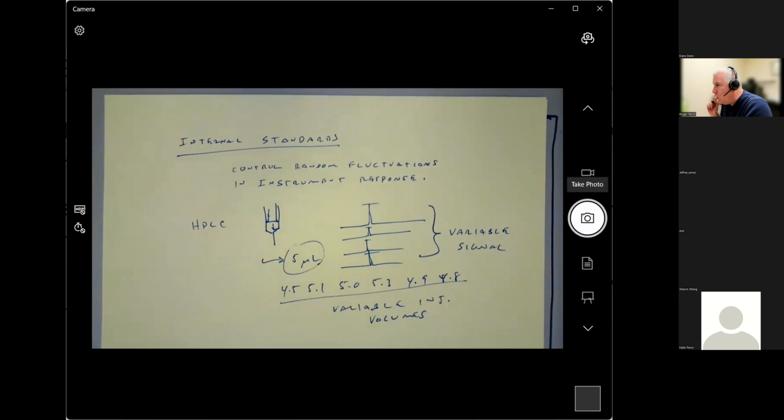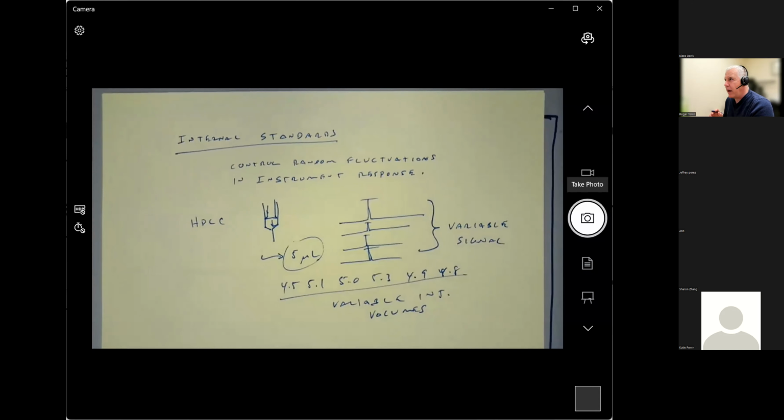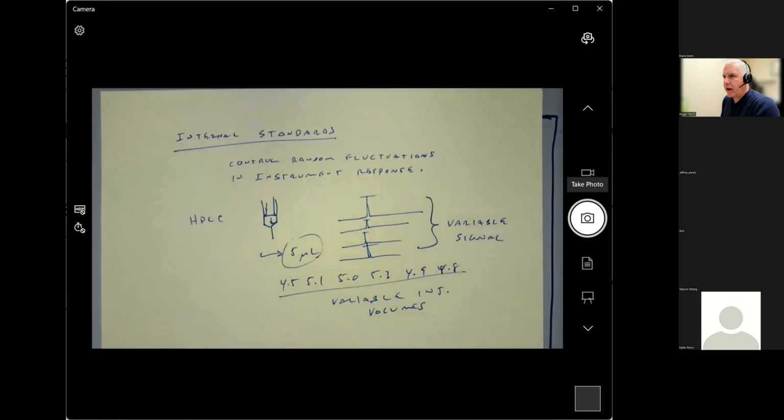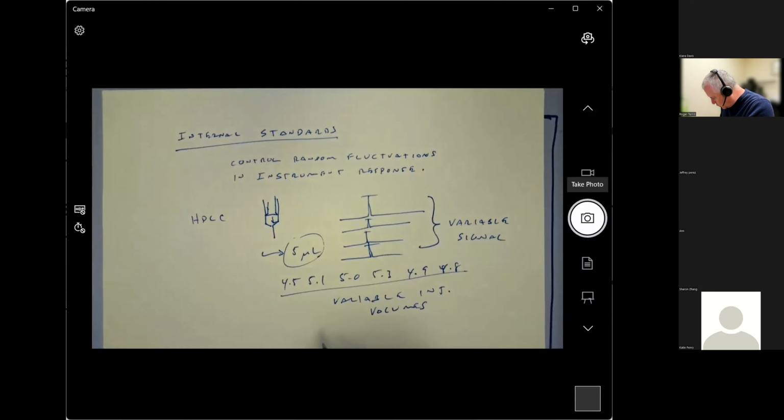So what can you do to correct for that, right? I'm exaggerating the effect, right? But who knows? So what you can do is add another component that has no interferent.